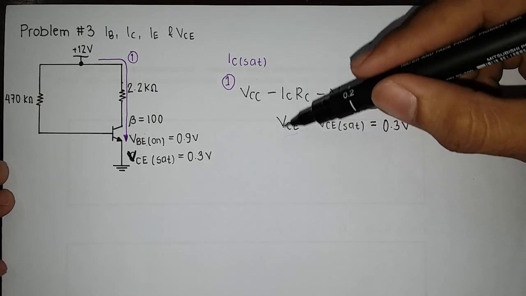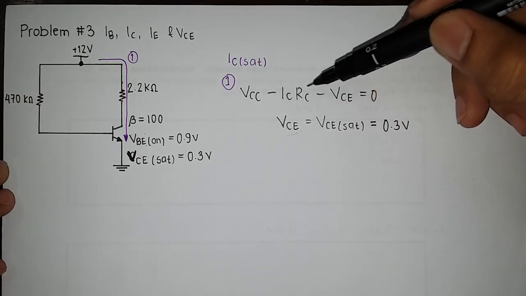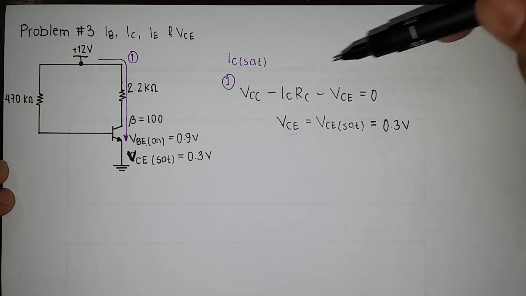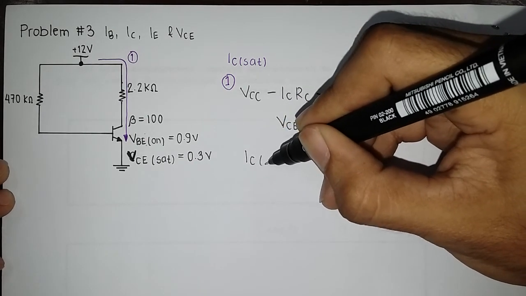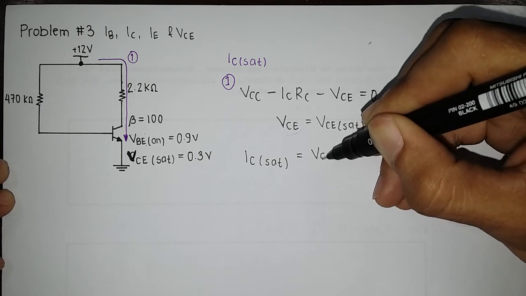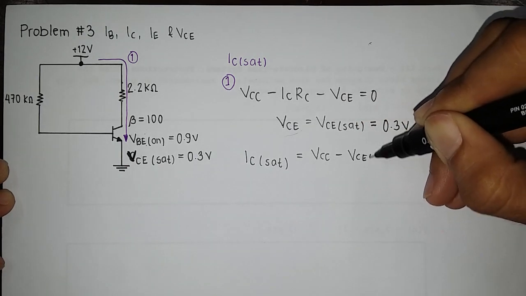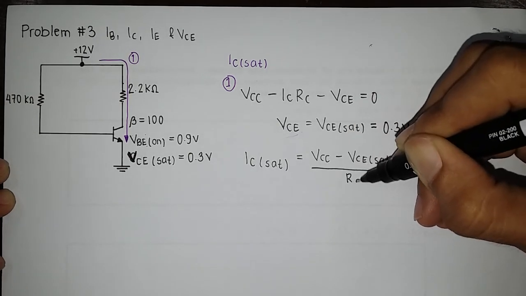And to solve for IC sat, okay, mamanipulate pa rin natin tong equation na to, transpose natin tong ICRC sa kabila, magiging positive ICRC siya, and then divide natin both sides of the equation by RC. So makuha natin IC, okay, or IC at saturation is equal to VCC minus VCE sat divided by RC.